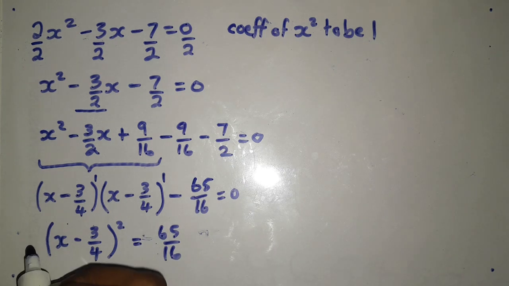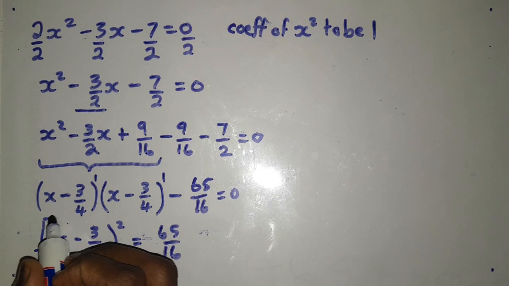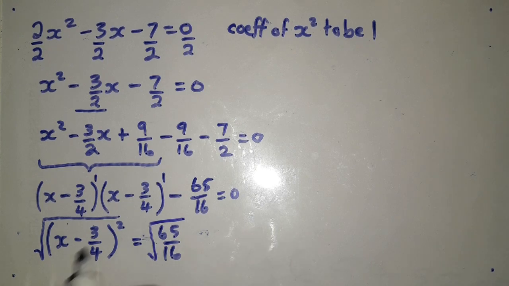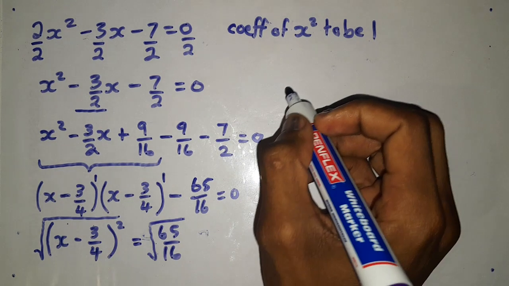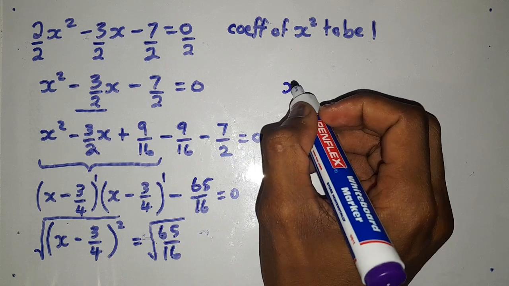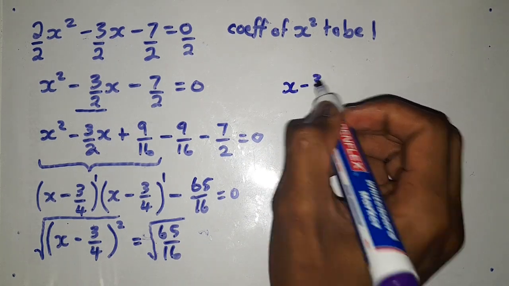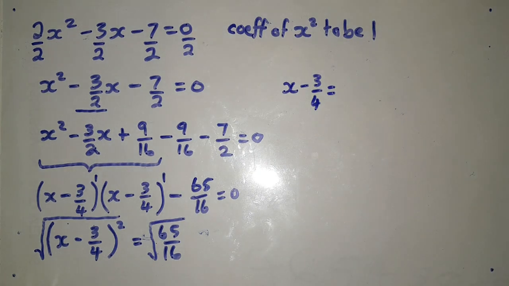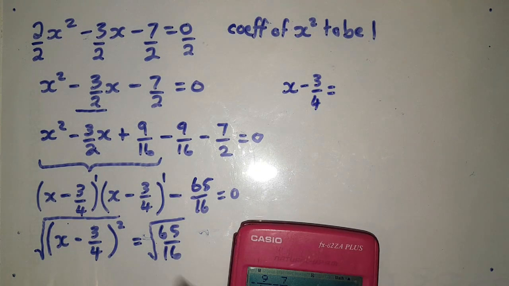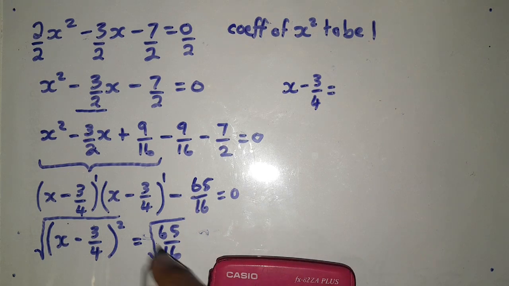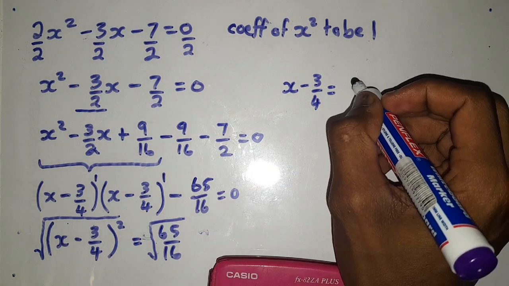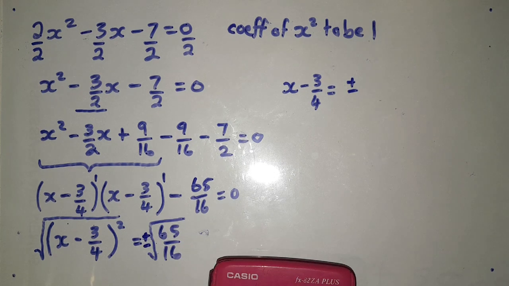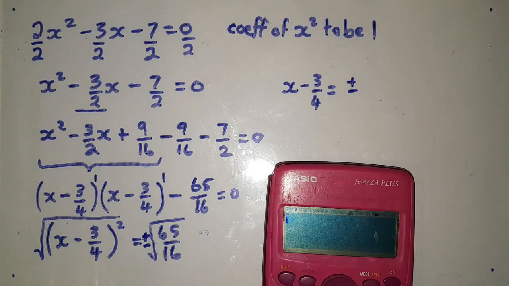For us to remove this square, we are going to take the root both sides like this. Then the square will be removed. Then I'm going to get now x minus 3 over 4 equals. Then for this square root, I'm going to get plus minus. See, plus minus, like this.